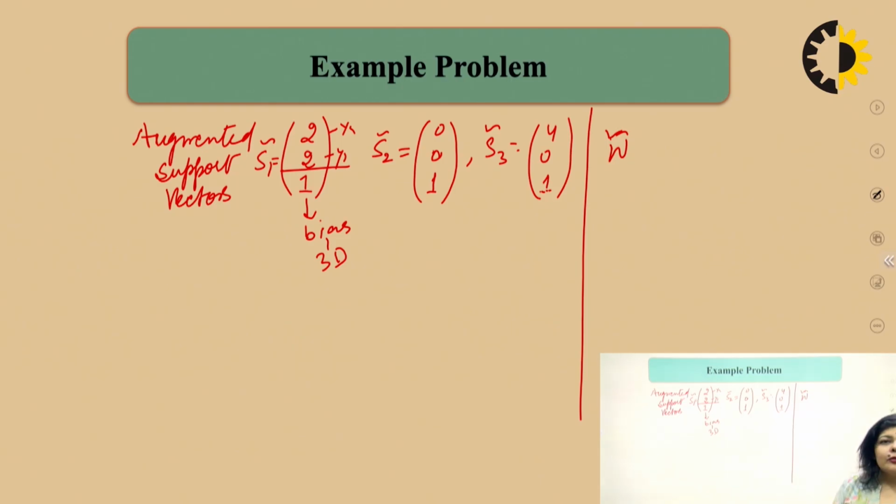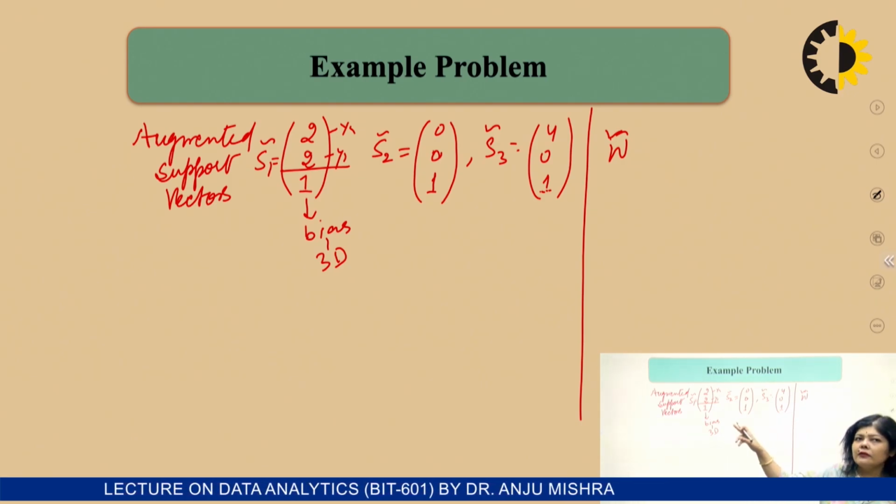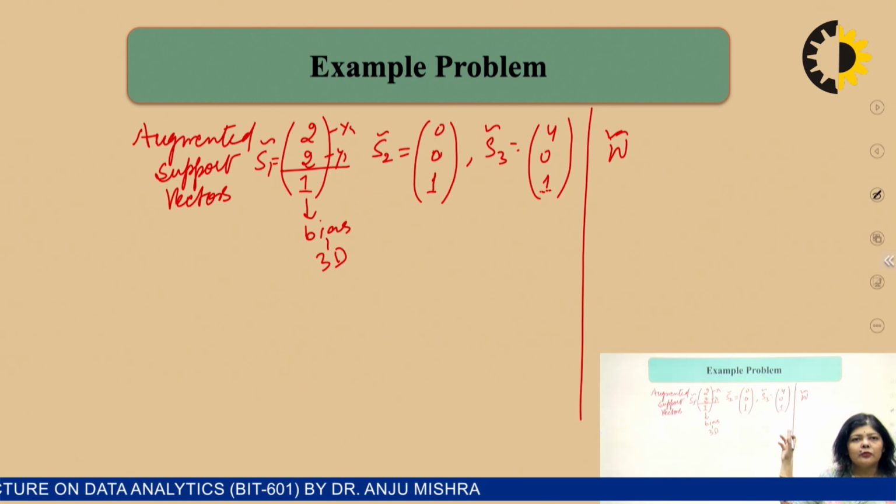This W tilde, because this will be the estimated or augmented weight vector. And to find this W, I need to make use of the augmented support vectors. How is W going to be calculated?